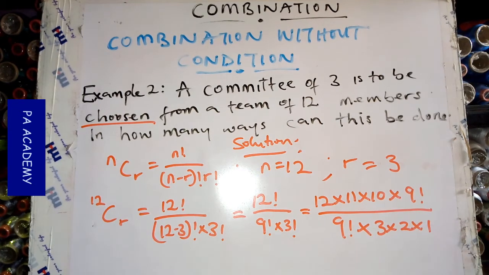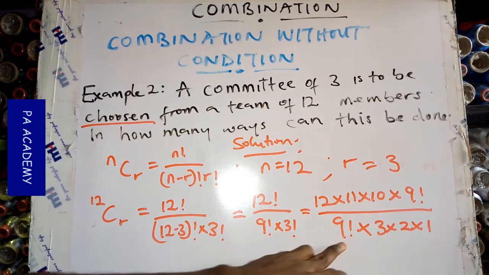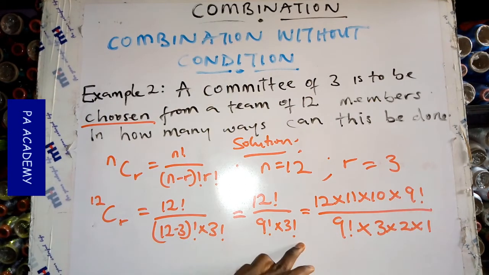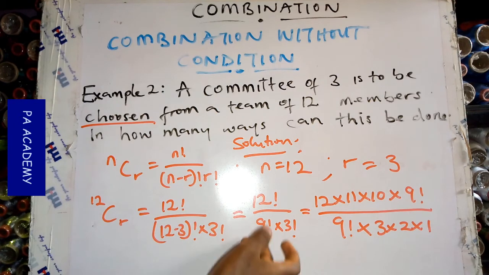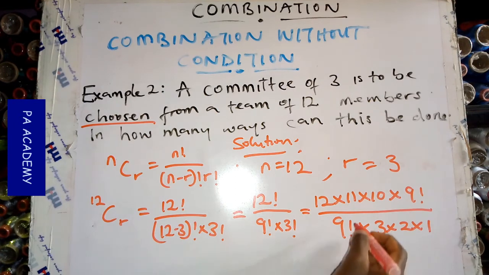The reason why I am stopping at 9 factorial and not 3 factorial is that 9 factorial is higher than 3 factorial. It's advisable to always pick the higher value. So 9 factorial can divide 9 factorial.